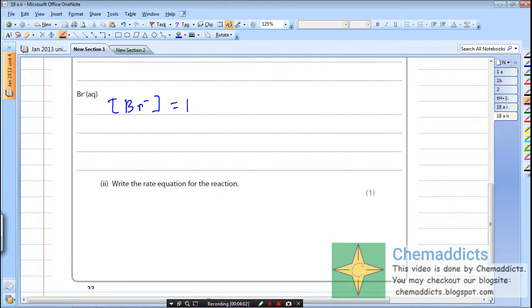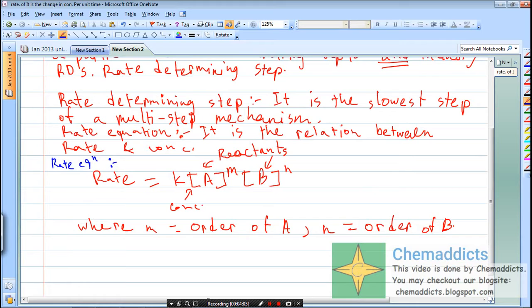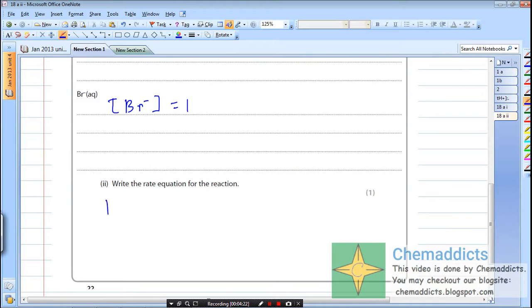Now let us construct the rate equation. If we look at the format of the rate equation, it should be: rate equals constant, reactant A raised to power m, reactant B raised to power n, where m is the order of A and n is the order of B. The number of reactants may increase.